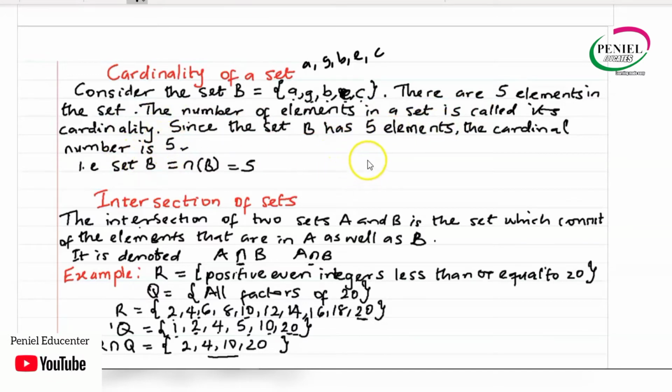So the cardinality is the number of elements in the set.